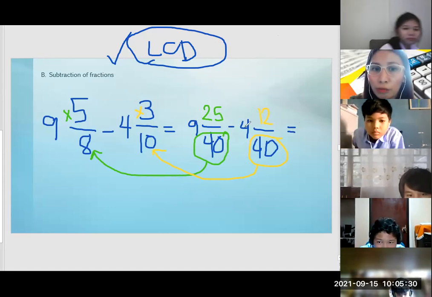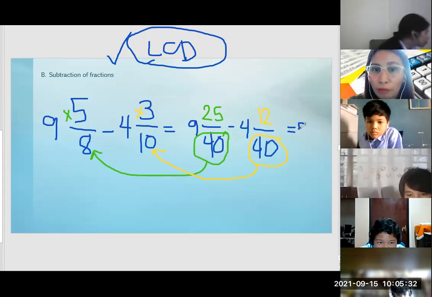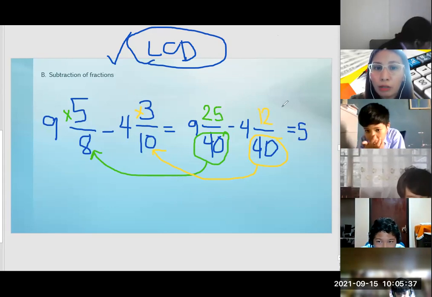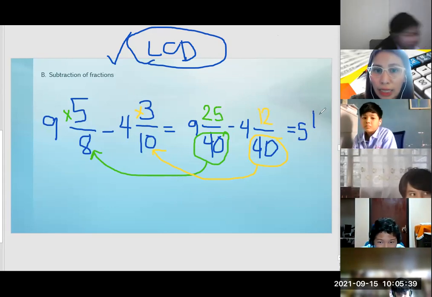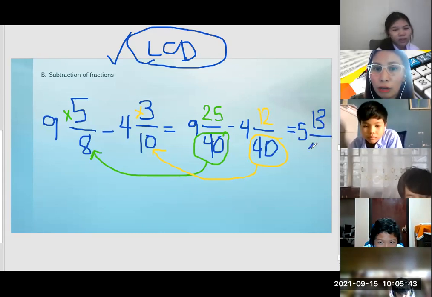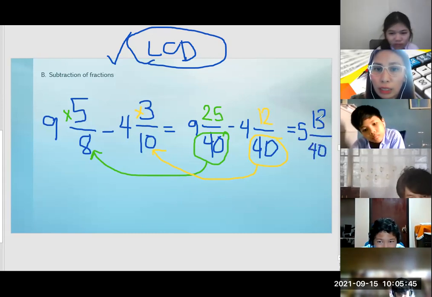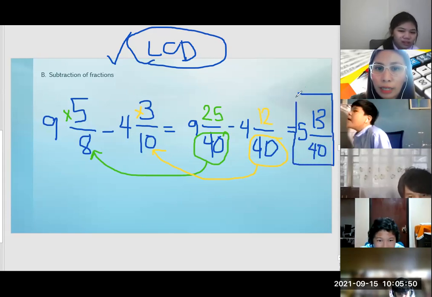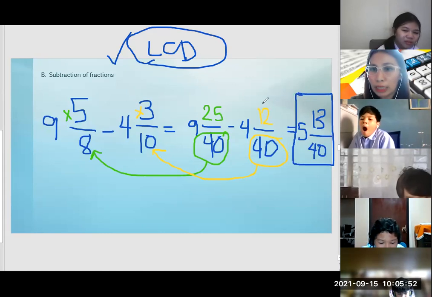So 9 minus 4, we have 5. Right? 25 minus 12 is 13. Then copy the denominator, 40. Final answer, 5 and 13 over 40.